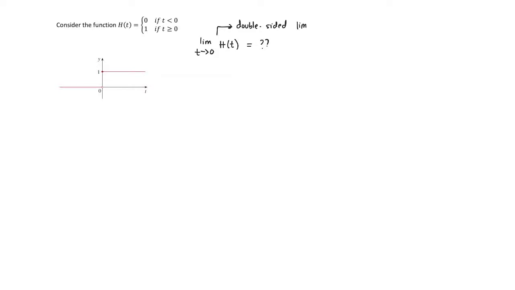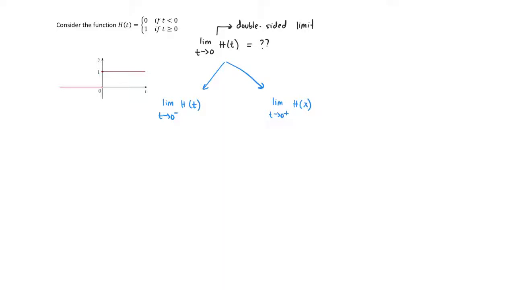To talk about a double-sided limit, I have to consider two cases. I have to analyze the limit as t approaches 0 from the left of h of t, and I also have to analyze the limit as t approaches 0 from the right of h of t.